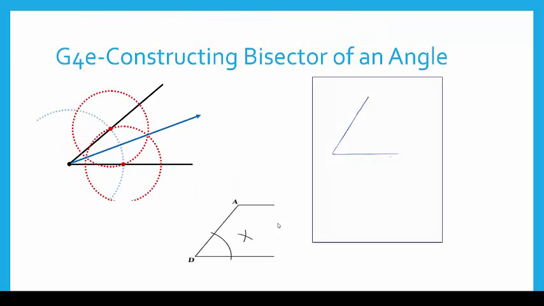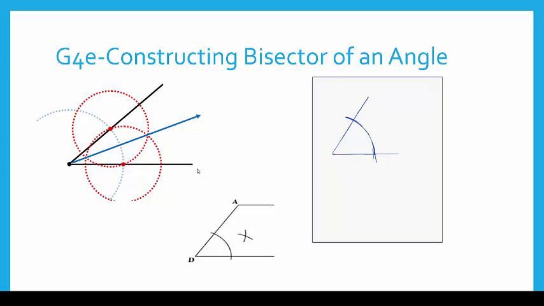Now we're going to construct a bisector of an angle. This is a pretty good indicator right here of what we should be looking for. You can see how they got this whole thing from what we did.